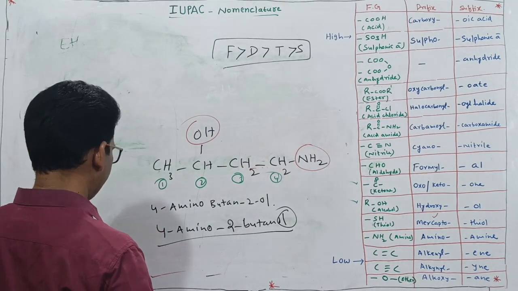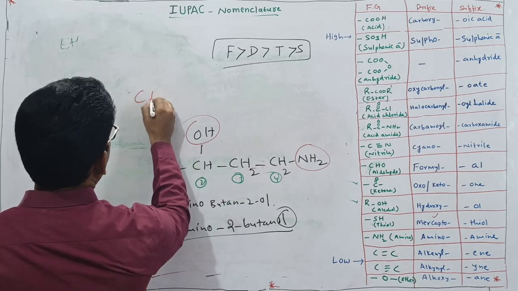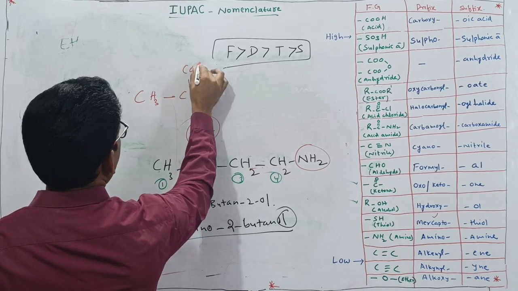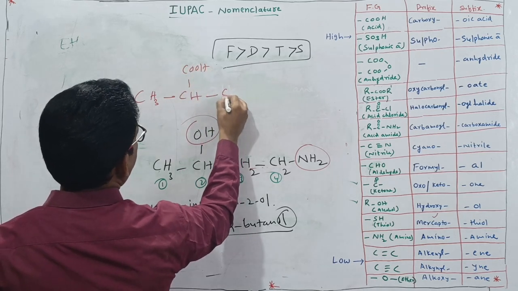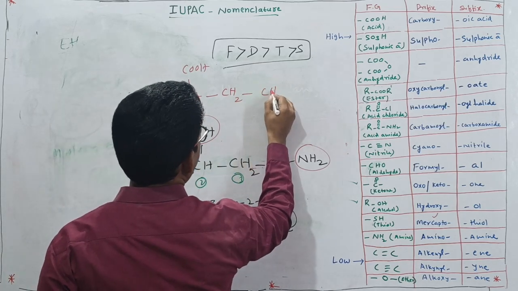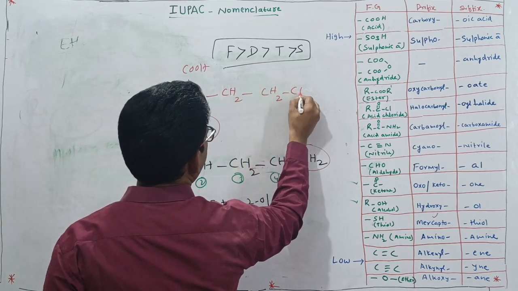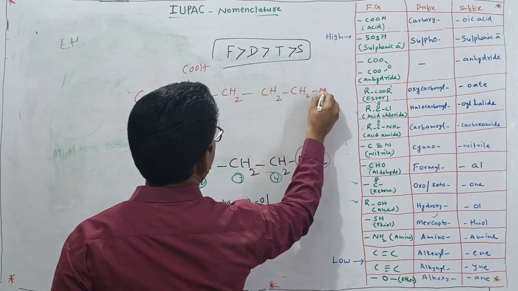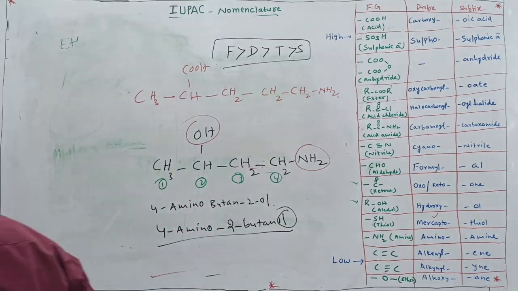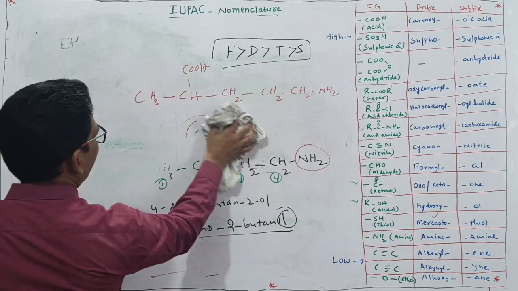But the other example we did at that time: for example, instead of OH, the compound is the same. Here an acid group is there. Here CH2 is there. Now how will you give the numbering and how will you give the name for this one?